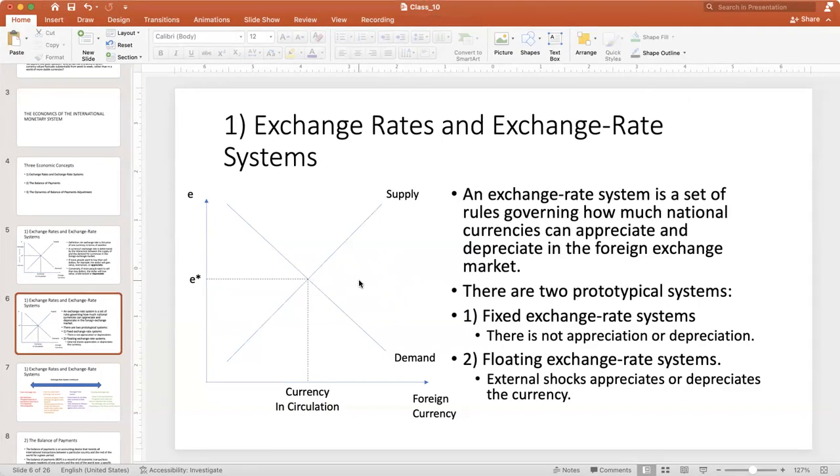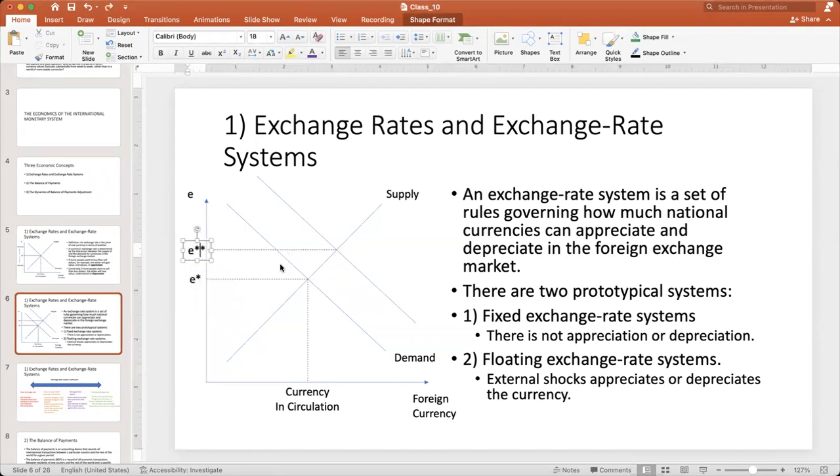So in the previous case, if there is more demand for dollars, that will appreciate the dollar, so the exchange rate will be higher.